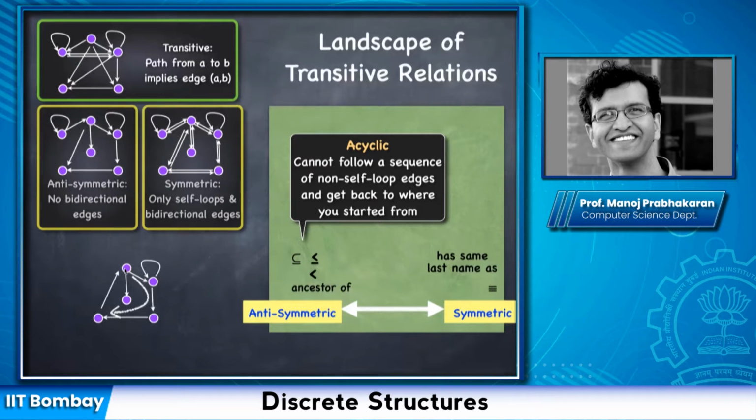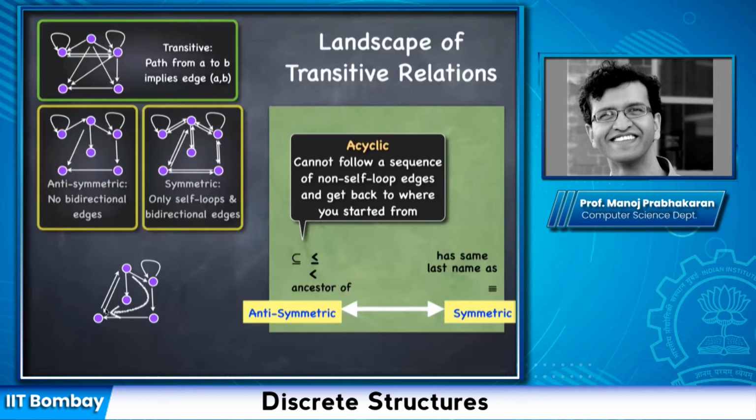Now this is a transitive relation, which means that this path implies that there should be a direct edge from the starting node to this ending node. But that leaves you with a bidirectional edge, because the last edge is present in the cycle, and we just added a new edge in the opposite direction connecting the same two nodes.